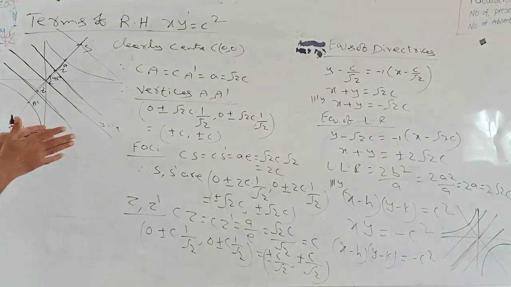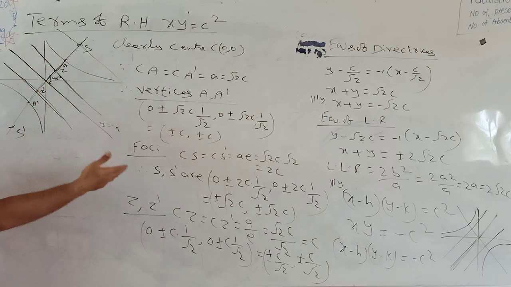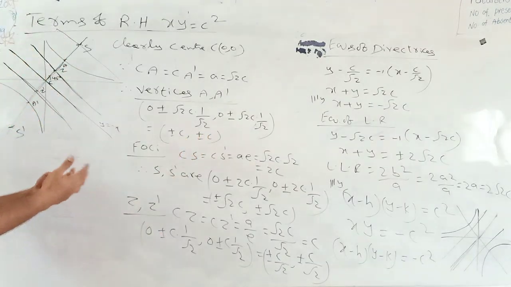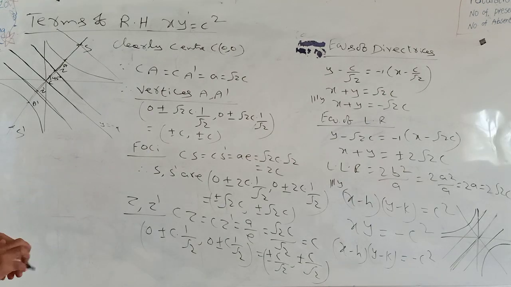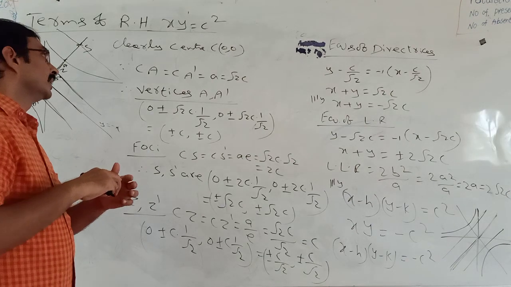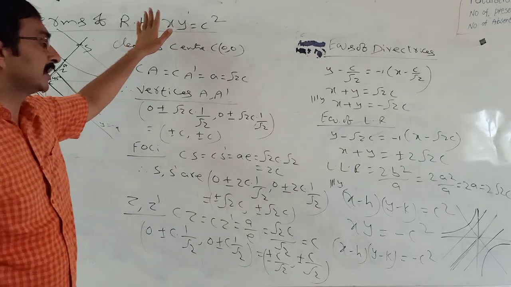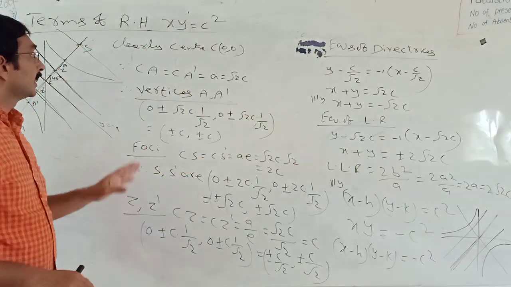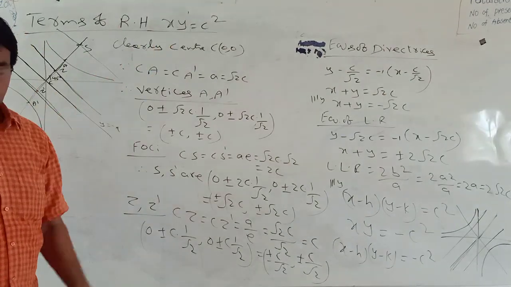Just by using the parametric equations x₁ ± r cos θ, y₁ ± r sin θ, and this data, you can find any term of any one of these four forms of the rectangular hyperbola. Right. This is about the terms of the rectangular hyperbola.